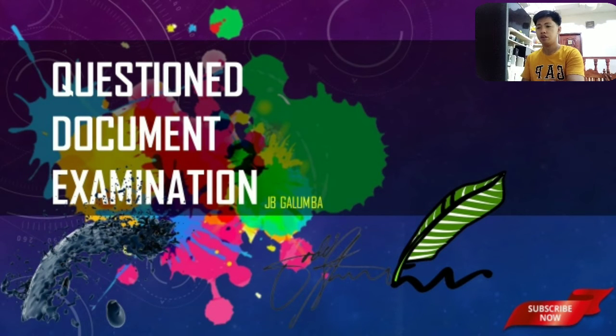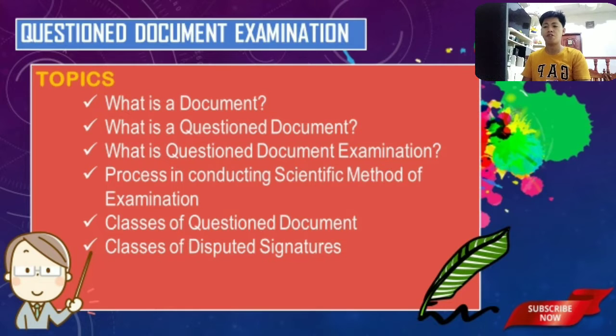We have here several topics that we will be covering for this specific lecture. We are going to define what is a document. We are going to define also what is a questioned document. And we're going to talk about what is questioned document examination and also the process in conducting the scientific method of examination.